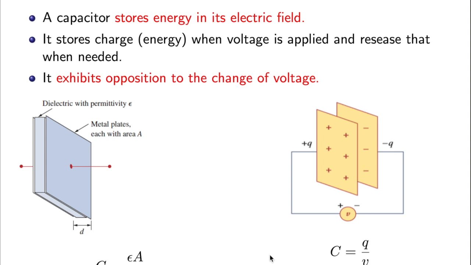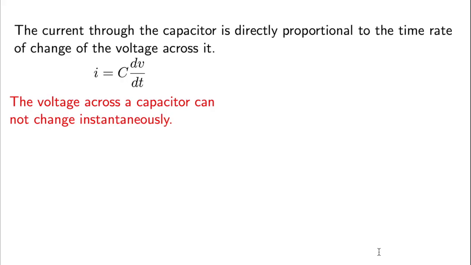In case of the inductor, the inductance was expressed as the flux linkage upon current. Here the capacitance is defined as charge upon voltage. On the analogous line, the current voltage relationship is expressed by I is equal to C dV by dt.